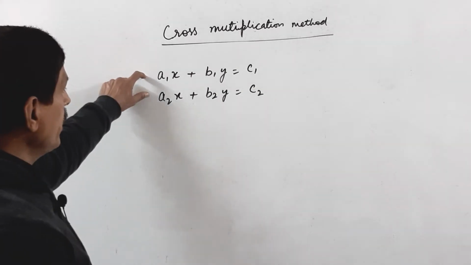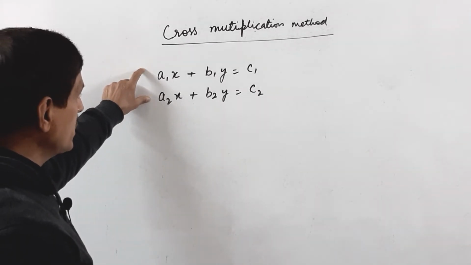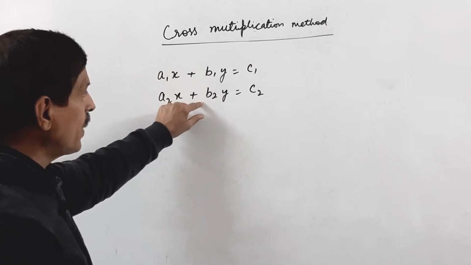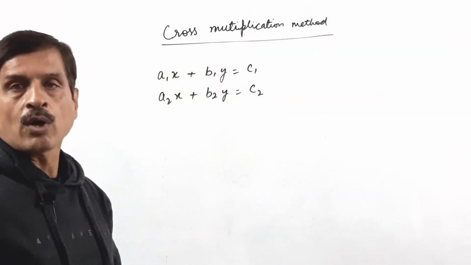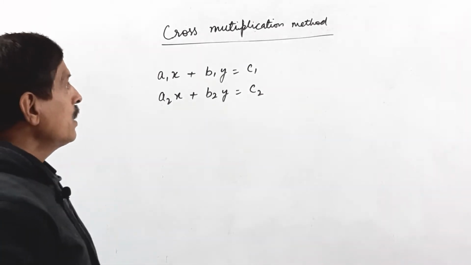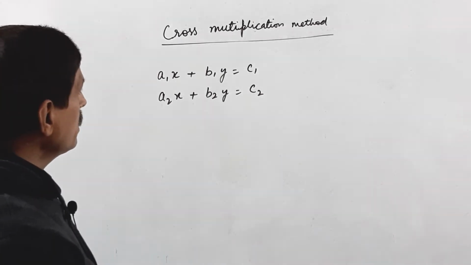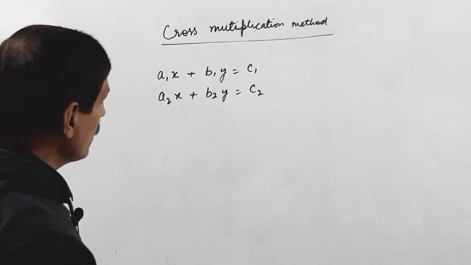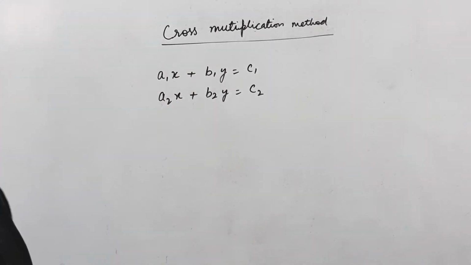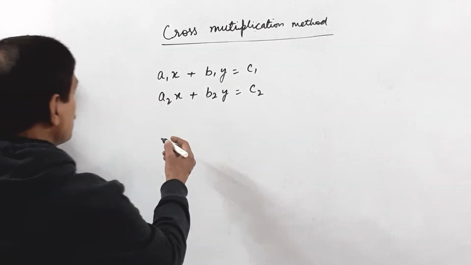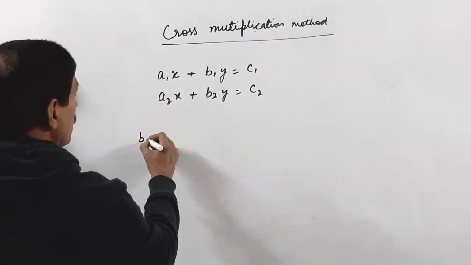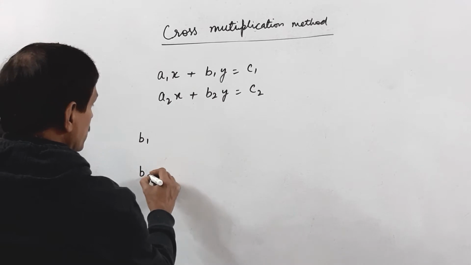Here a1, a2 are coefficients of x in the two equations, b1, b2 are coefficients of y, and c1, c2 are the constants. In order to solve the equations by the cross multiplication method, we first obtain a formula for solving it, and for this we use this technique.